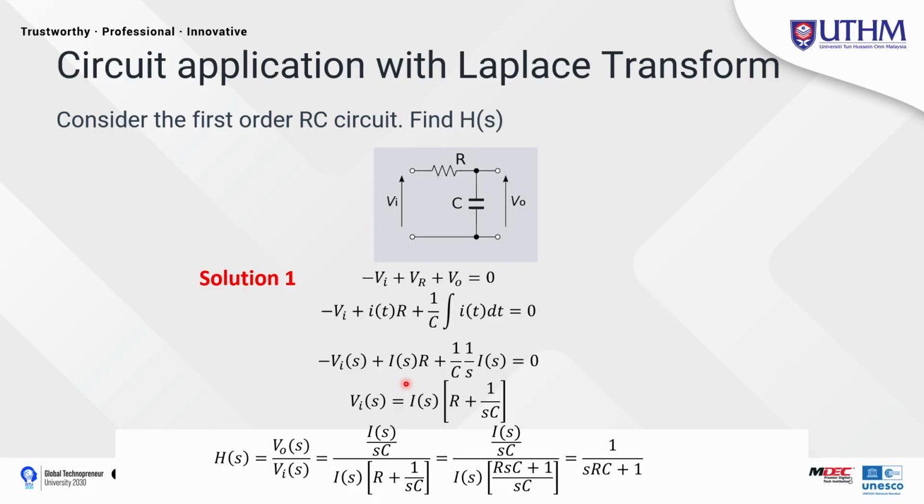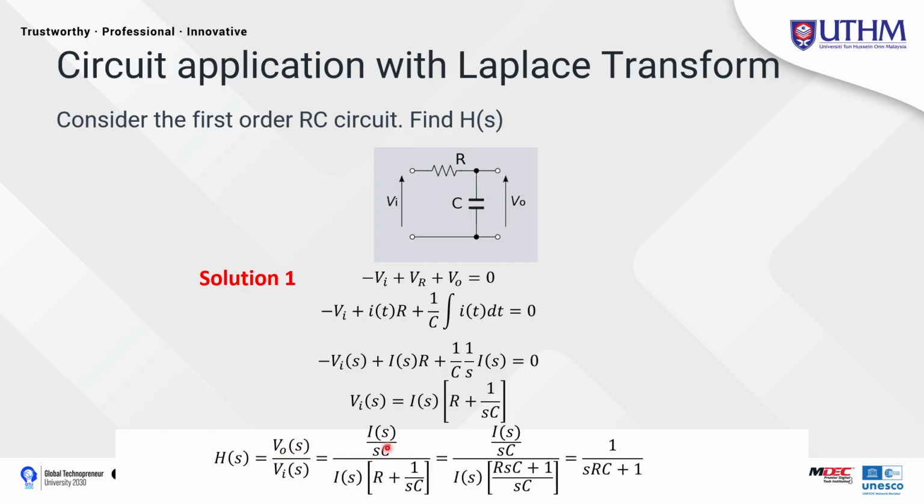So do you still remember the output Vout equal to Vin multiplied with the power response, the H(s). So H(s) is equal to Vout over Vin. So we want to calculate the H(s). Since we know that the Vout is the voltage across the capacitor, so V equal to IR.